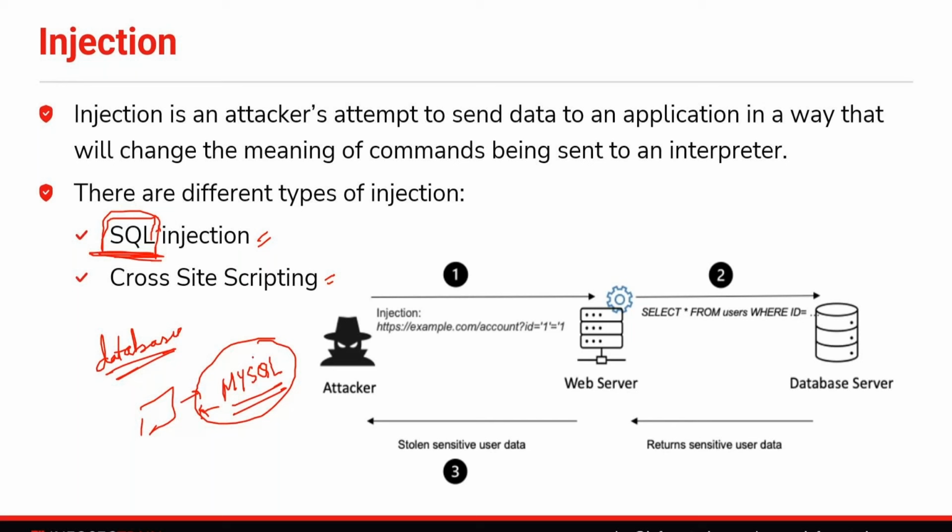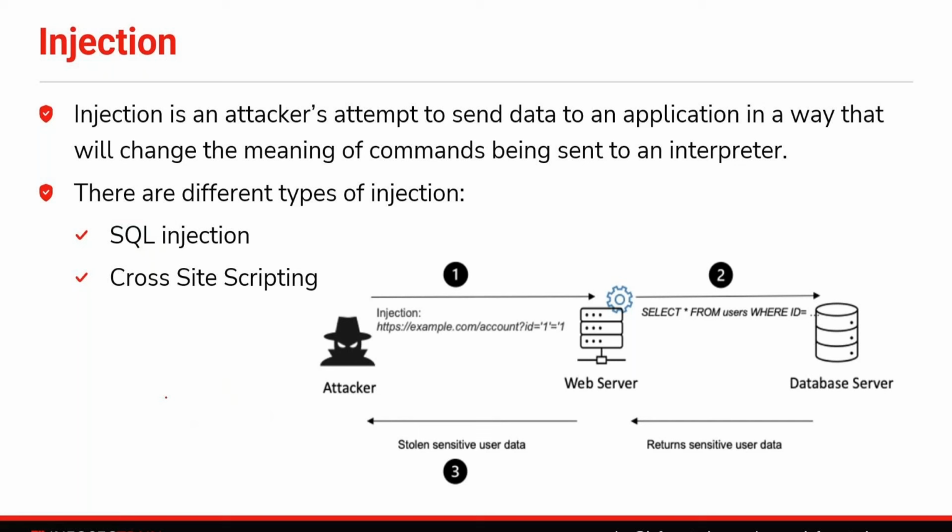There are some flaws in MySQL injection, so now we will see how we can exploit these flaws. When you talk about SQL injection, there are few steps using which we can exploit this vulnerability. I will discuss the steps with you, and then we will practically perform them and see how we can exploit it.